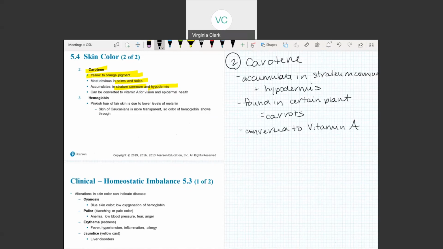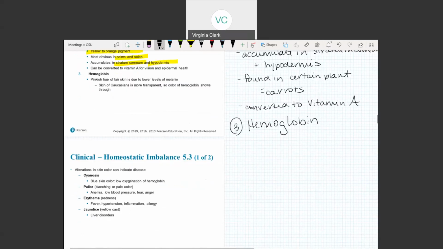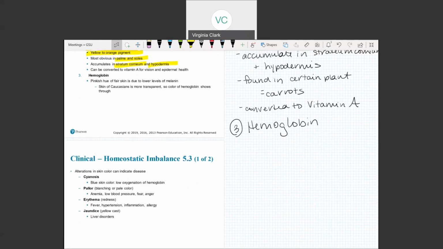Another thing that will affect your skin color is hemoglobin. Hemoglobin affects skin color because it is the color of your red blood cells, and it is going to be more apparent when there is less melanin.